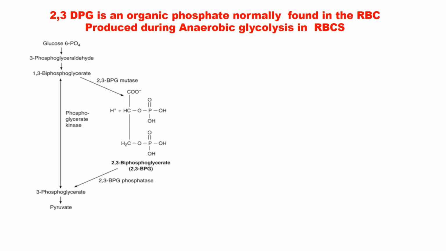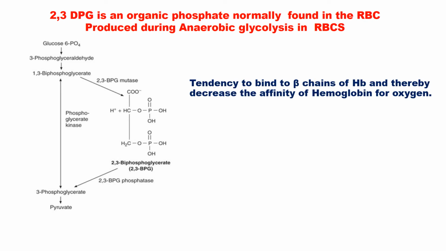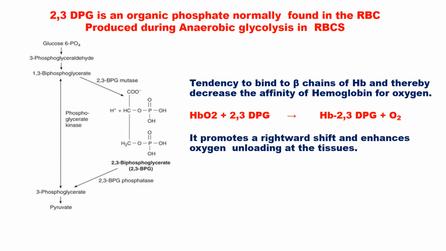Talking about the effect of diphosphoglycerate on the oxygen hemoglobin dissociation curve, we know that RBCs are rich in 2,3-DPG, which is formed by anaerobic metabolism. This is an inorganic charged ion that binds to the beta chain of deoxygenated adult hemoglobin and therefore results in decreased affinity of hemoglobin for oxygen and a shift in the oxygen dissociation curve to the right side, and therefore causes oxygen unloading at the level of tissues.